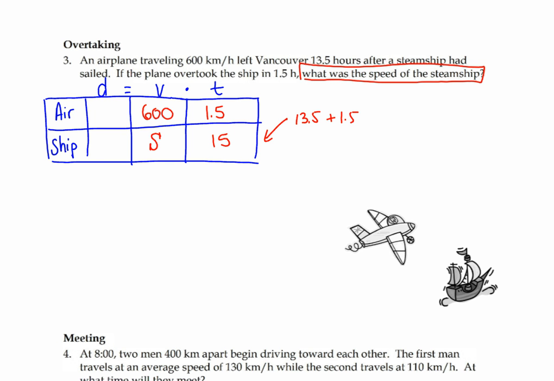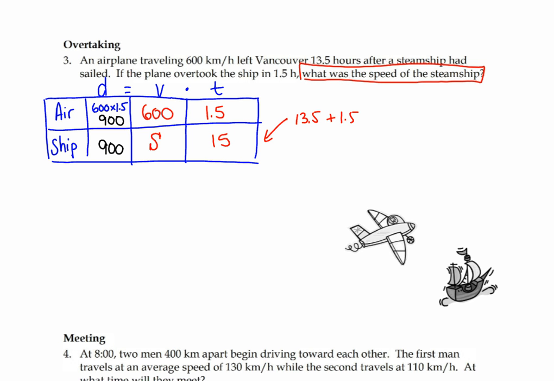Now this is a very easy one to solve, because can I easily get the distance of the plane? Yeah, using what? V times t. The distance equals v times t. So if d is equal to v times t, what is 600 times 1.5? 900. And what do we know about the two distances? They're the same.